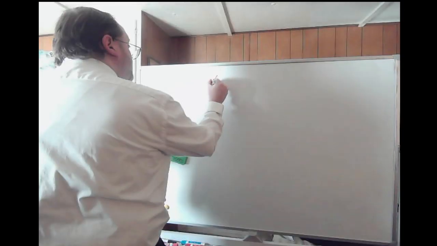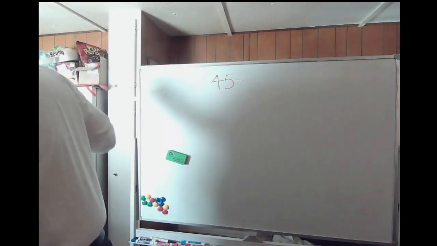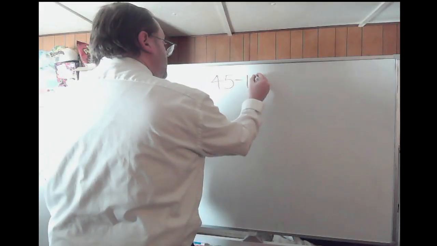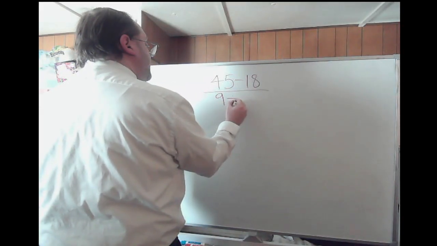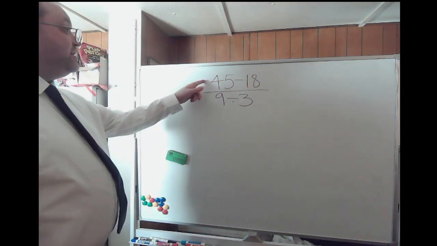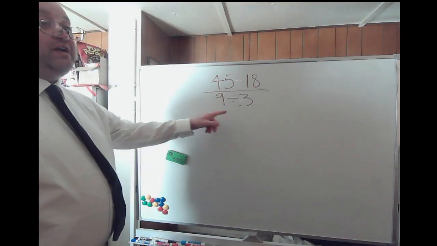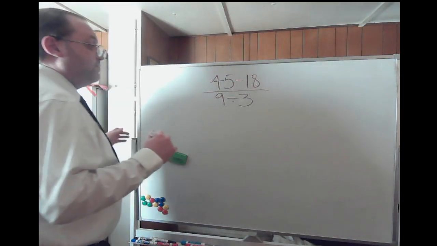Okay, what's the very next one? We have 45 minus 18 all over 9 divided by 3. Let's just start with the numerator first.